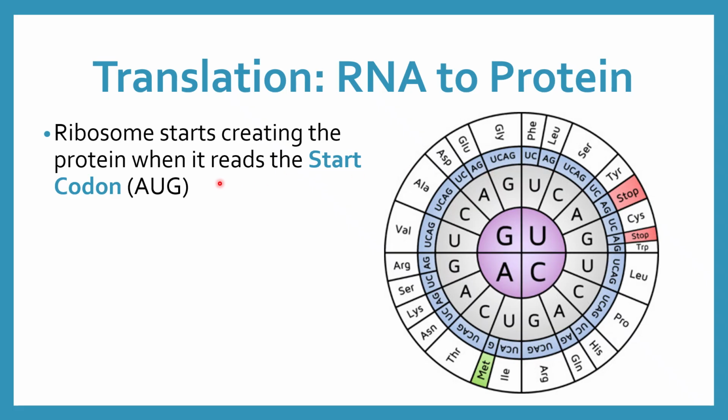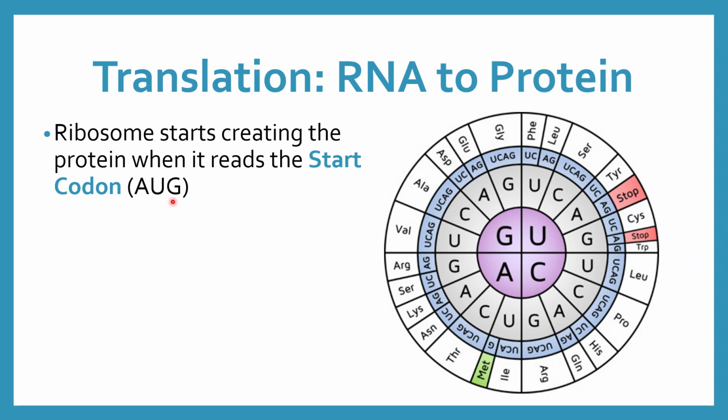Well, the ribosome is going to attach and bring the first amino acid in at one very specific spot. It's going to start at the start codon, and the start codon is always AUG. So this also sets the frame of how to read the mRNA. It says the gene starts here.